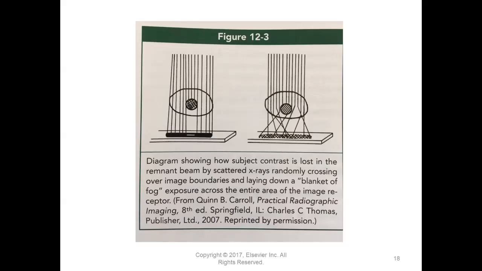The pure ratio of what was attenuated versus what was transmitted has been degraded by the additional strikes caused by the Compton scatter. So everything is a little closer in shade to its neighbor because everything is just getting more exposure from this fog.